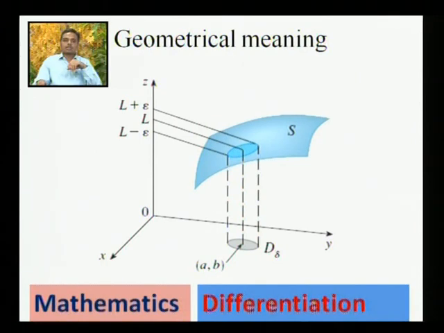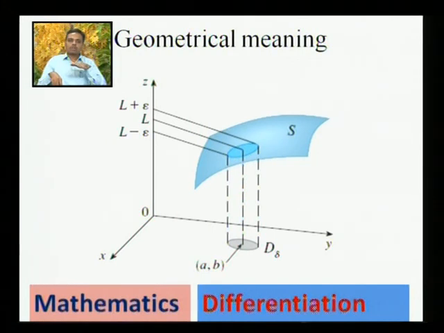You can see the geometrical meaning again in this diagram. Take the x axis, y axis and z axis. On the xy plane, you take a delta neighborhood, which we denote by D delta, centered at (a, b). S is a surface in three dimensions.